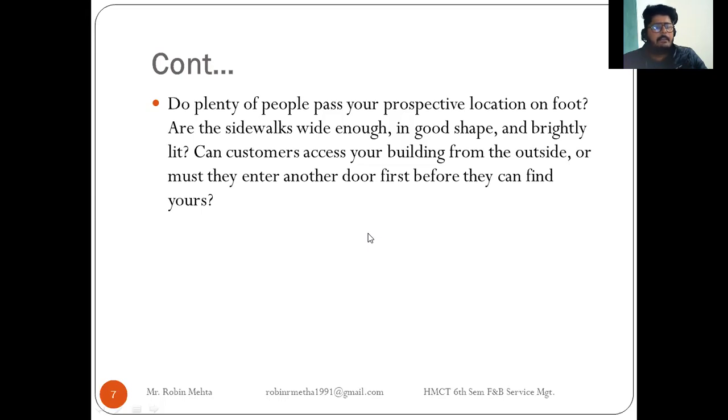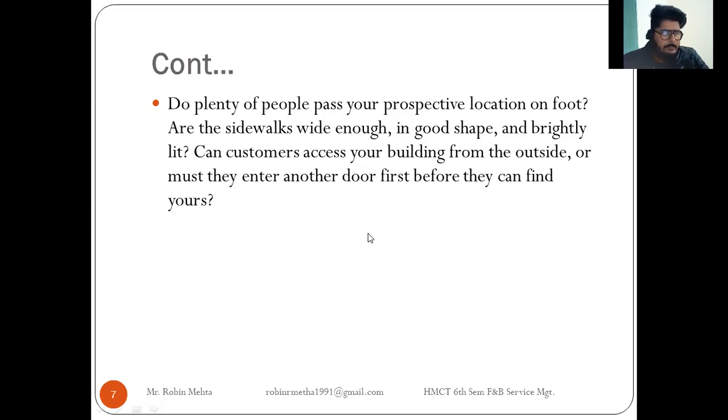People can buy other stuff while eating food also. So these are the points you have to keep in your mind when you are selecting any kind of site. The lights over there also matter, if people are coming late in the night, there should not be a very dark area.